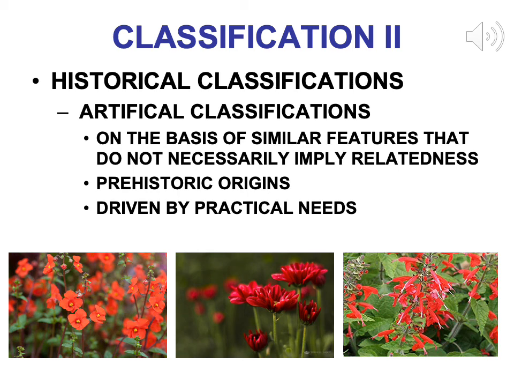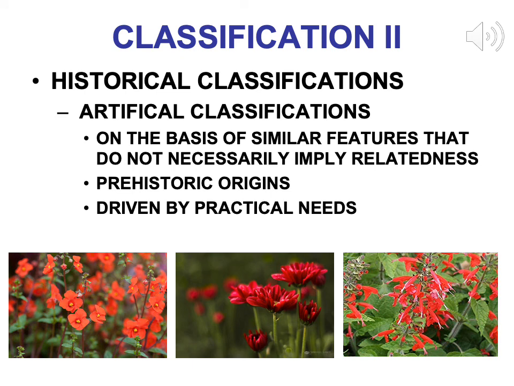Now I'm looking at these 3 plants here, and those plants, yes, do have red flowers, but I'm willing to bet if I was to look at the details of the structure of those flowers, if I was to look at the details of the structure of those plants, I probably would not be able to argue for their evolutionary relatedness. Just because a plant's got red flowers doesn't mean it shares a common ancestor with another red flowered plant.